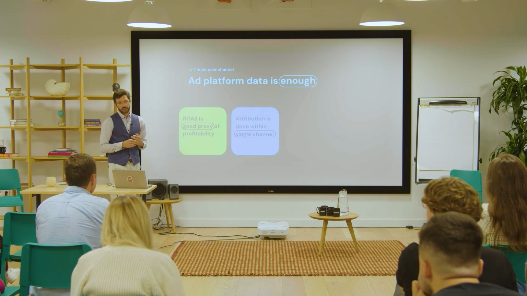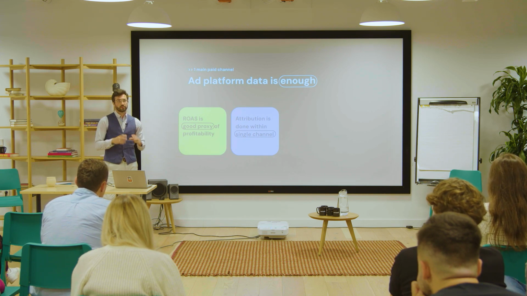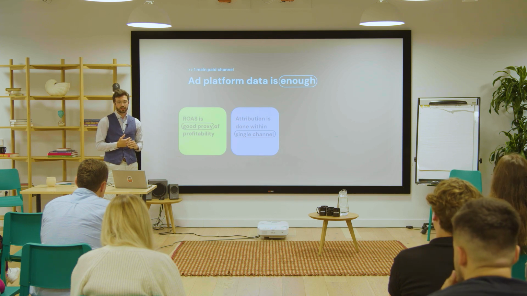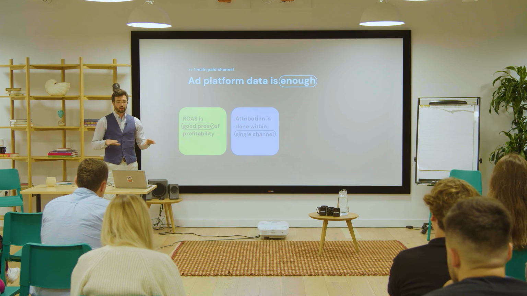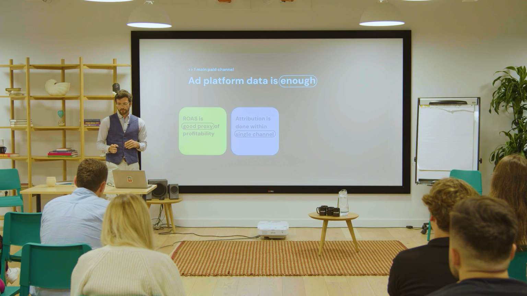Second reason is that the attribution is done within a single channel. So the attribution model that is built into the ad platform is tracking all touch points with your ads, so it should be pretty accurate.